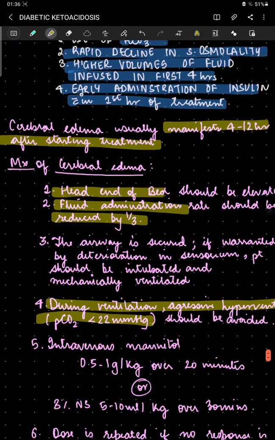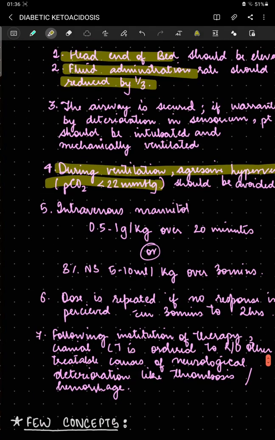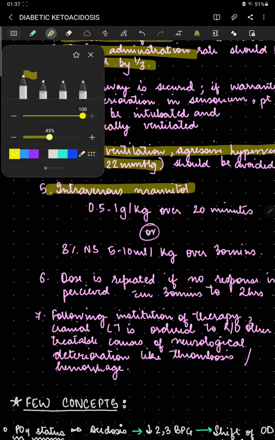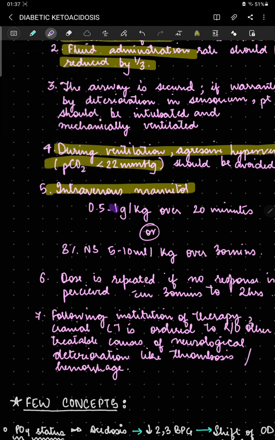Last but not the least, you give intravenous mannitol to decrease the raised ICP. The usual dose of mannitol is 0.5 to 1 gram per kg over 20 minutes. Or you can also give 3% NS, around 5 to 10 ml per kg over 30 minutes.